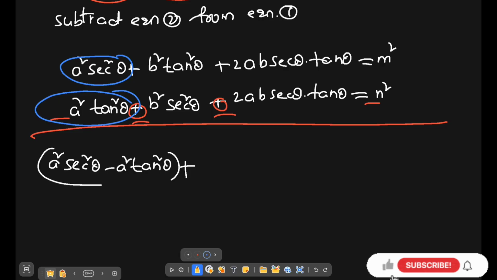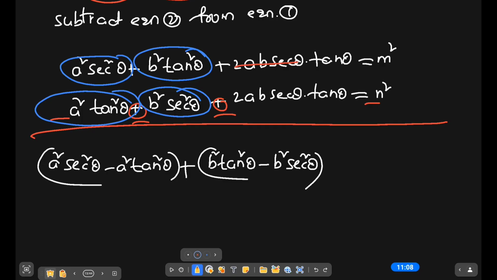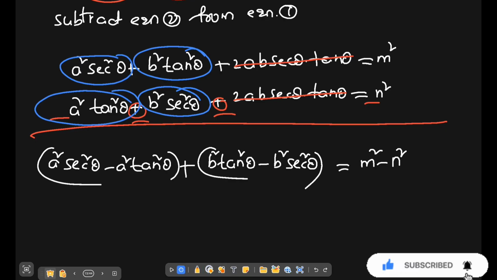Next, here b square tan square theta minus b square sec square theta. So this is plus 2ab sec theta tan theta and this is minus 2ab sec theta tan theta. Now on the right side we will have m square minus n square.